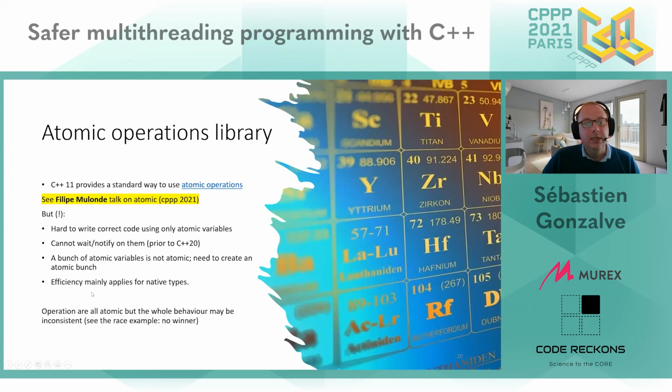And usually they are really useful and efficient for native types of your hardware or your OS. If you try to use atomic on a bigger structure, which is possible with libatomic, in fact, you don't really use atomic operations from a CPU point of view.